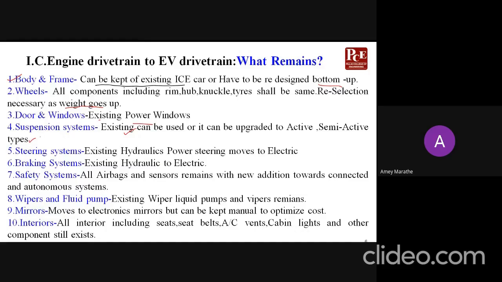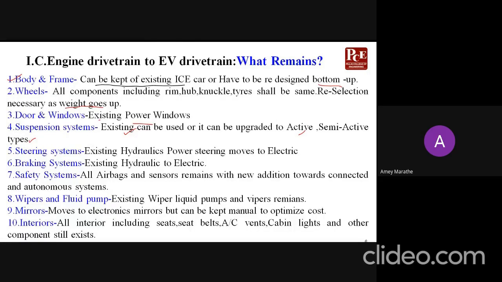When we talk about suspension, we don't want our wheels to leave the road surface. Active and semi-active suspension is not used in basic passenger vehicles because it requires more electricity, and in EVs we have that extra electricity. So either we go with the existing setup, or upgrade to active and semi-active type.